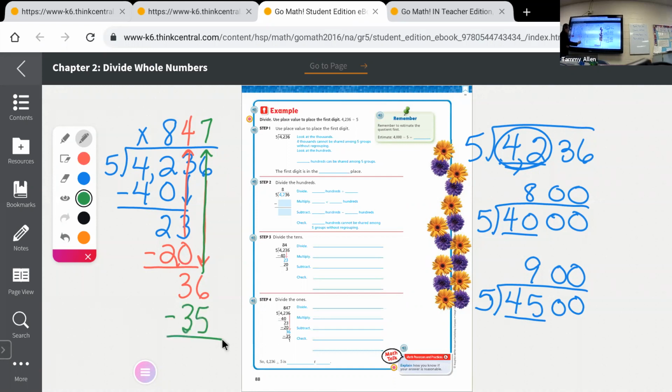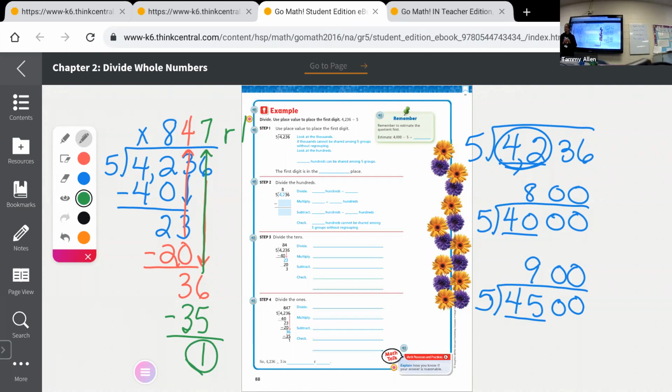When I subtract, I get 1. I have used up all of my digits here, right? I still have 1 left over, so I can now say I have a remainder of 1. All right? We're good with that? Is this close to either of my estimates? Yes, in fact, it's practically right in the middle. Right? Okay?